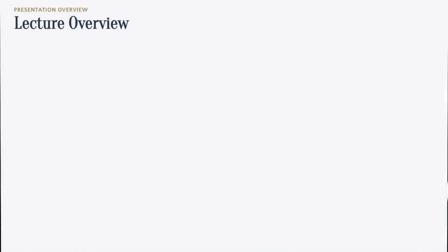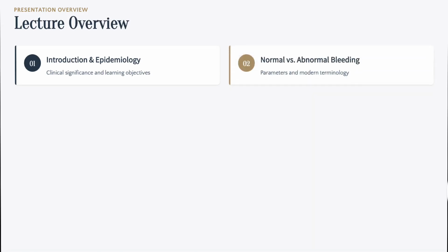We'll begin with the epidemiology and the clinical significance of abnormal uterine bleeding, establishing why this matters so much to our patients. We'll then establish what constitutes normal versus abnormal bleeding patterns using modern standardized terminology.